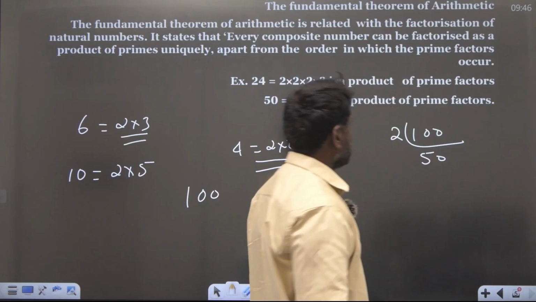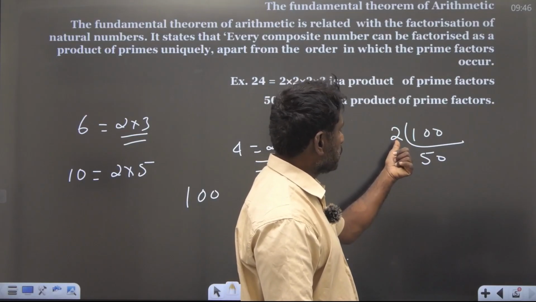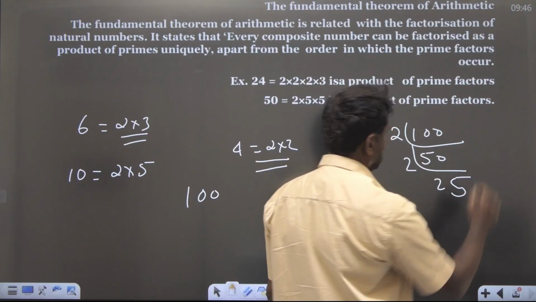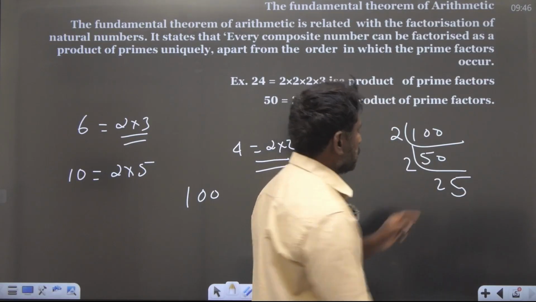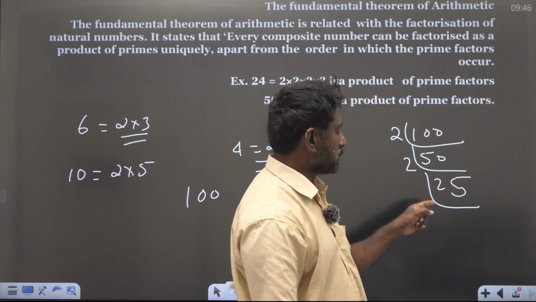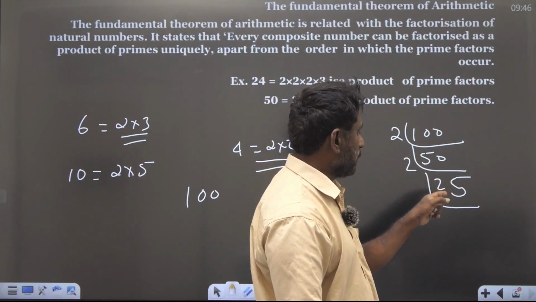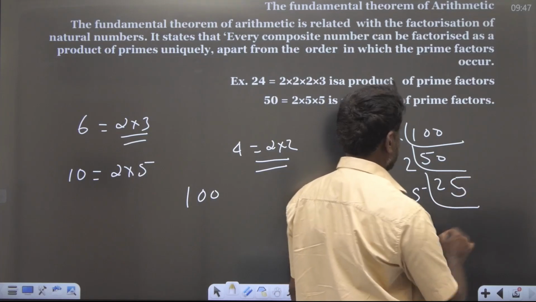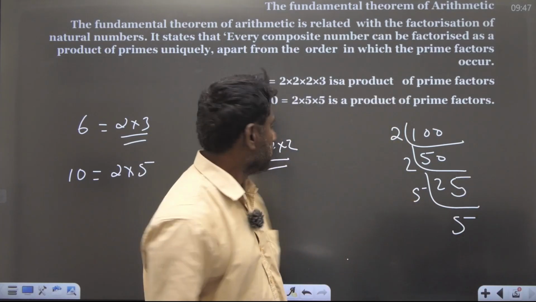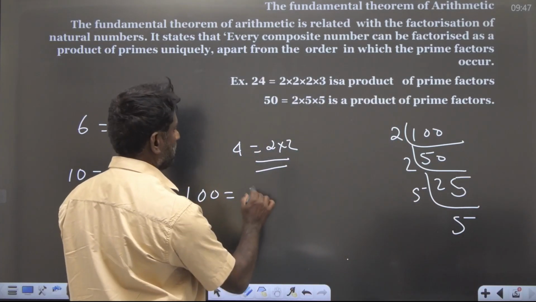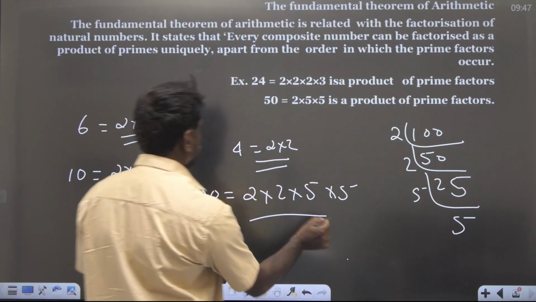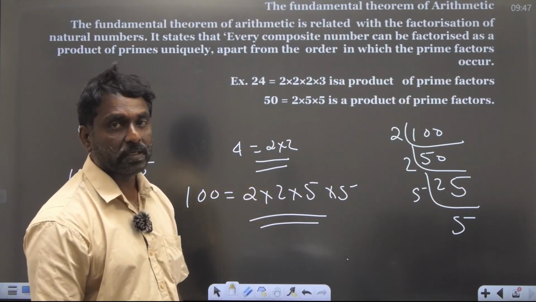When 50 is divided by 2, we get 25. Now, 2 is not possible, 3 is not possible. Then the next prime number is 5. Yes, it is possible. 5, 5. So, 100 can be 2 into 2 into 5 into 5. This is the product of prime factors.